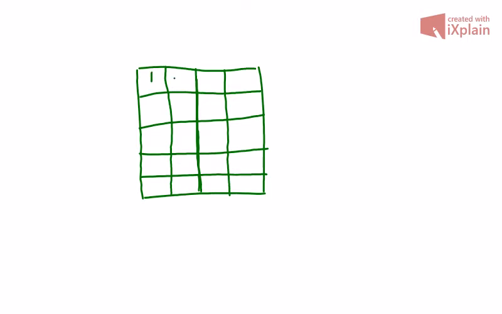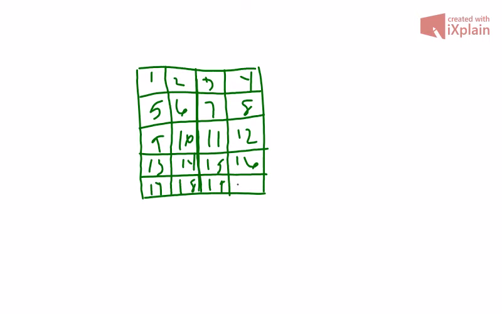So I would go 1, 2, 3, we're going to pretend that's a 3, 4, 5, 6, 7, 8, 9, 10, 11, 12, 13, 14, 15, 16, 17, 18, 19, and 20.